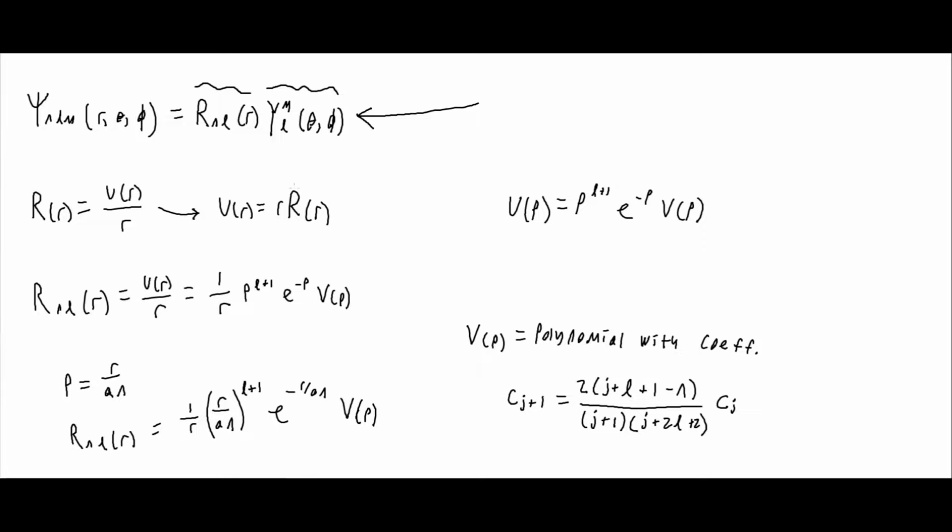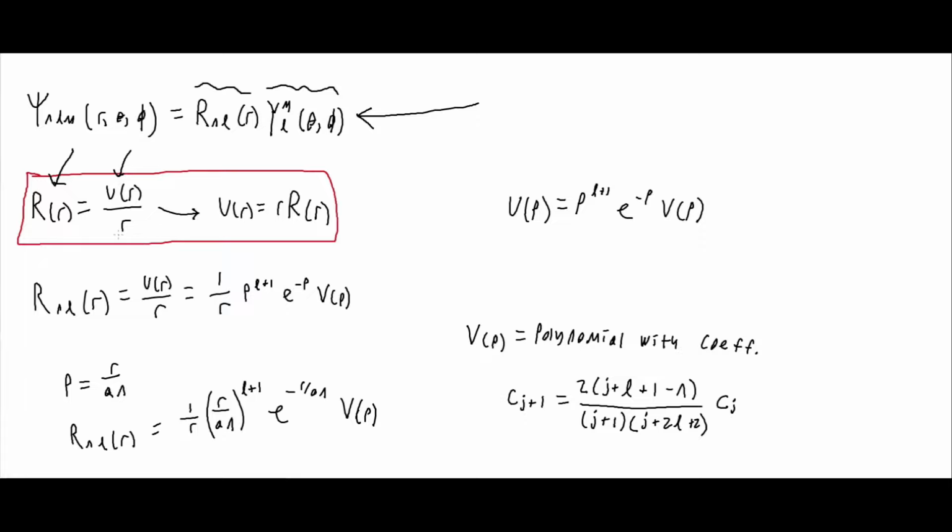Circled in red, this came from a few videos back when I was talking about the infinite spherical potential, where we made a substitution and took our radial function as u as a function of r, over r.